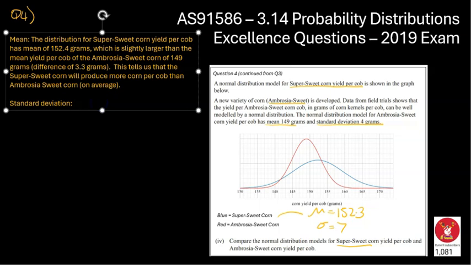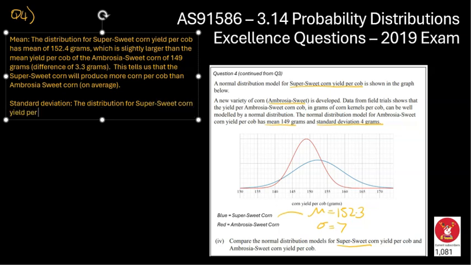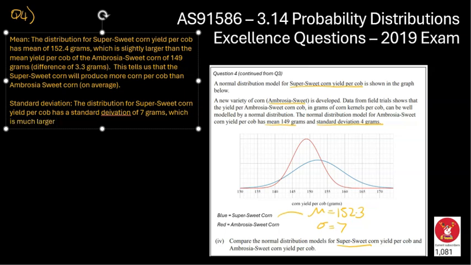So let's start off by talking about the numbers, and then maybe later on we can talk about a bit more to it. So the distribution for super sweet corn yield per cob has a standard deviation of 7 grams, which is much larger. Last time I said it was slightly larger.